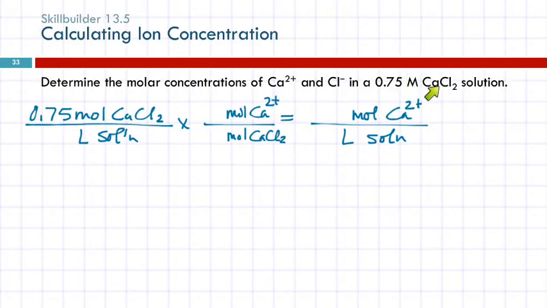I look at the chemical formula. There's 1 calcium ion in 1 mole. 1 mole of calcium in 1 mole of that substance. So that's 1 to 1. The calcium ion concentration is the same as the whole compound.